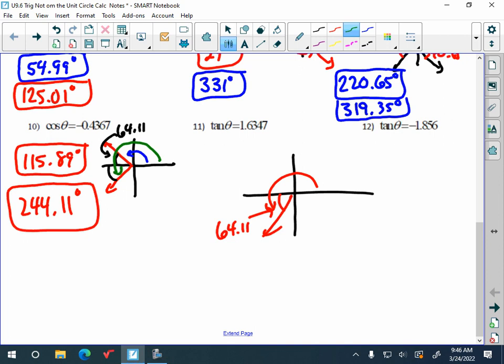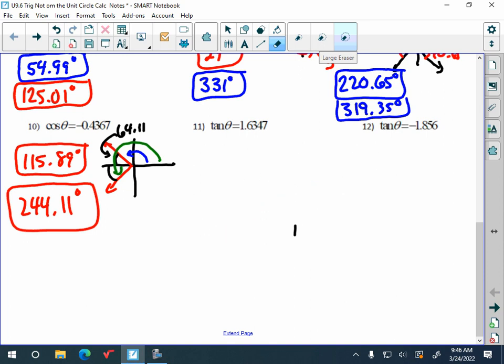So you can take this 115.89, add 64.11, then add another 64.11. That's one way to do it. Or you go from 180 plus 64.11. That'll get you there also. So you can break it up and then add up the parts.